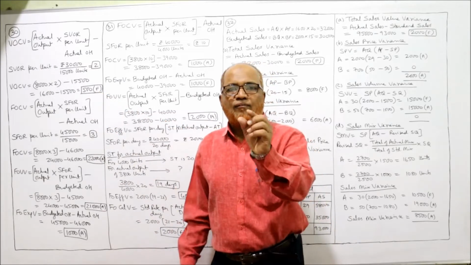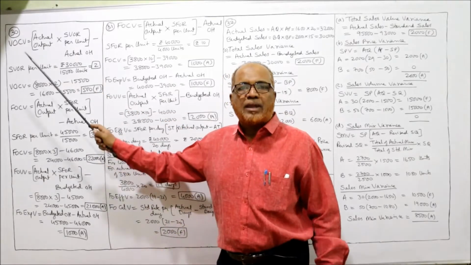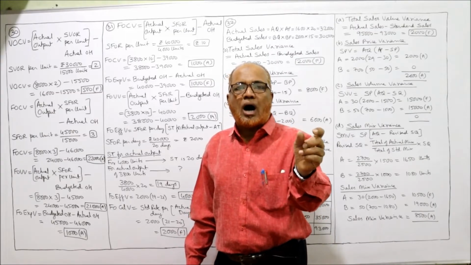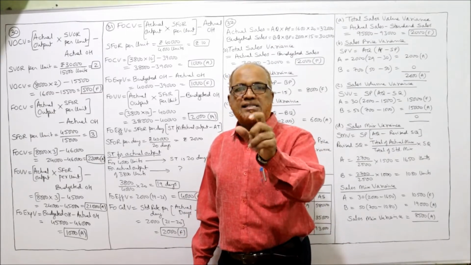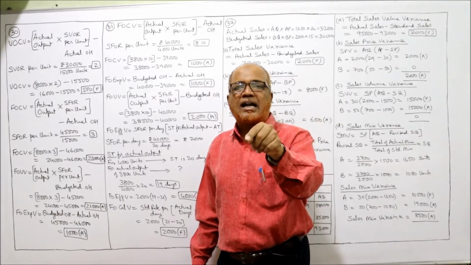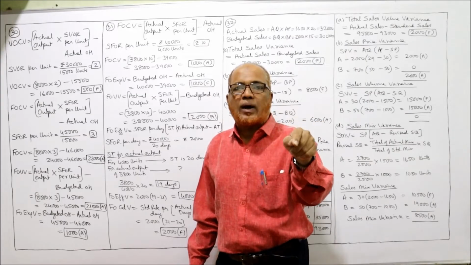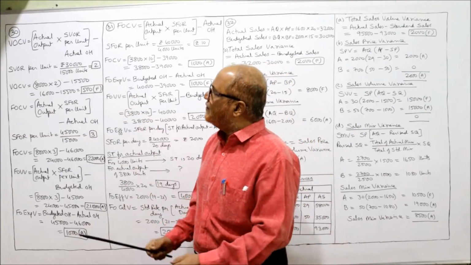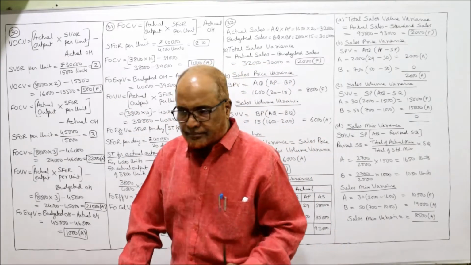Now see, first the fixed overhead cost variance, FOCV. The formula for fixed overhead cost variance is actual output into SFOR per unit. SFOR stands for standard fixed overhead rate.